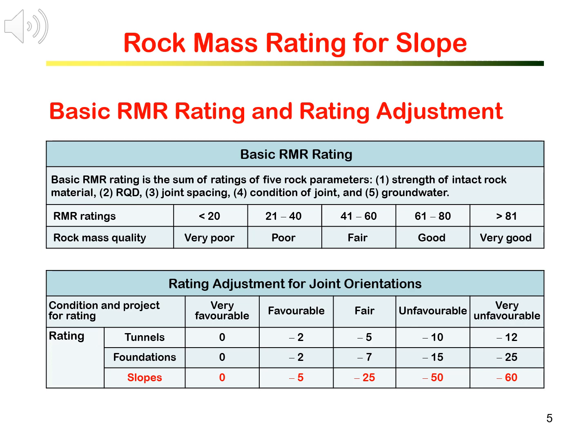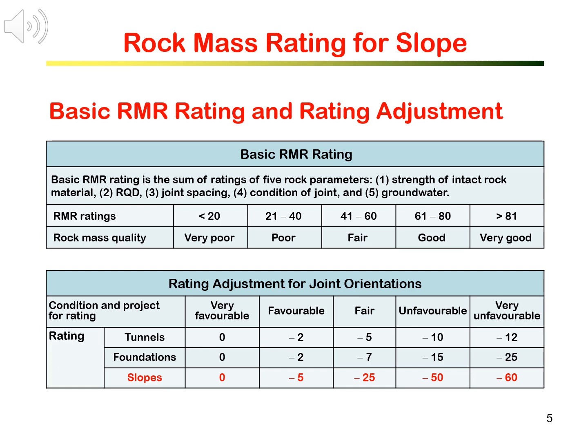The table below provides suggested rating adjustment for joint orientations. The adjustment is based on the geometrical condition of joint being favorable or unfavorable for construction. For slopes, there is no adjustment needed for a very favorable joint orientation.